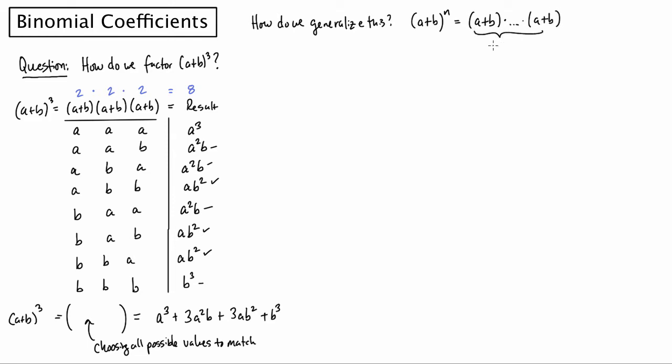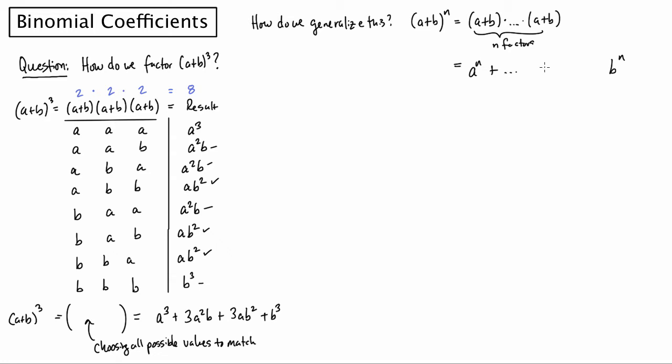There's a total of n factors here. And correspondingly, we would have something that probably looks a lot like this formula. We would have an a to the n if you chose a all n times, and you would have a b to the n if you chose b all n times. But in between those, we would have things that would look like this.